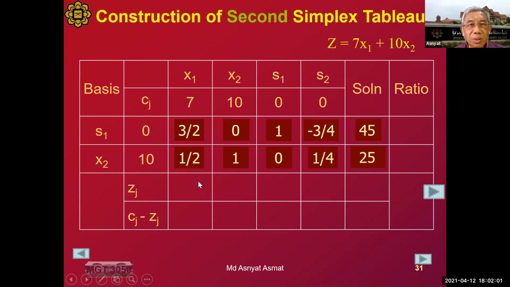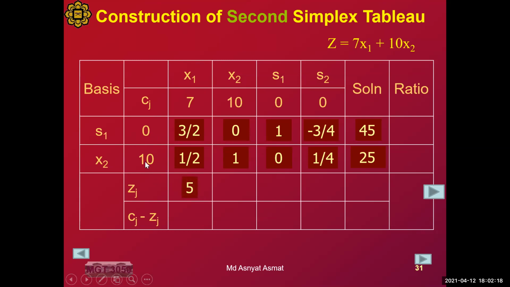Now we want to find the solutions. Let's say find Z. How to find Z? 0 times 3/2 plus 10 times half. 0 times 3/2 is 0, 10 times half is 5. Oh, I forgot to mention.